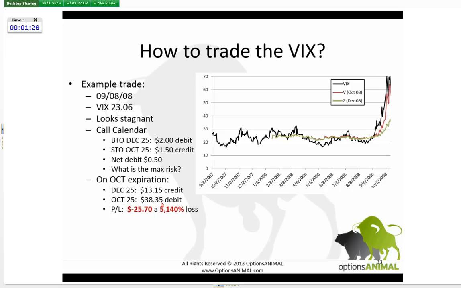Let's say you want to put one of these contracts on, and you say, hey, 50 cents, that's $50. I'm going to do 10 contracts, $500. Most I can lose on a calendar trade. If you did this trade thinking the most you can lose is $500, you would have lost $25,700.